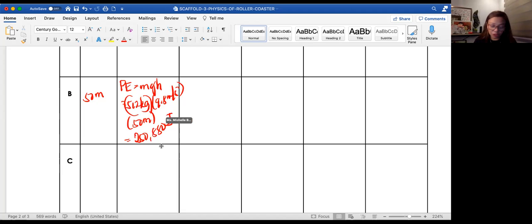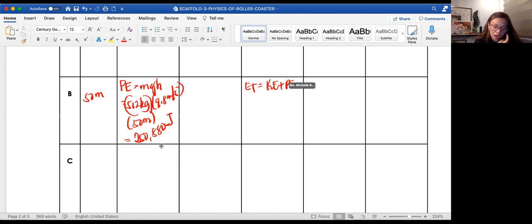Then what is the kinetic energy? That's the next column. But prior to that, let's manipulate E total. E total is equal to KE plus PE.